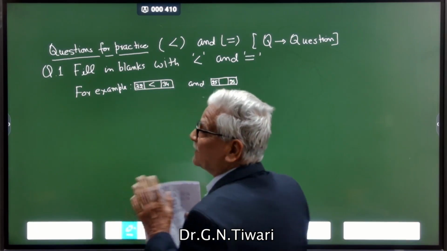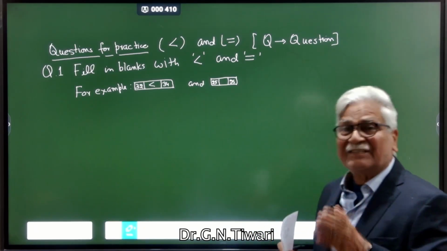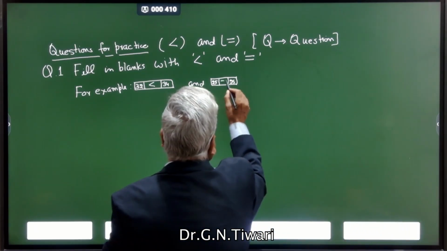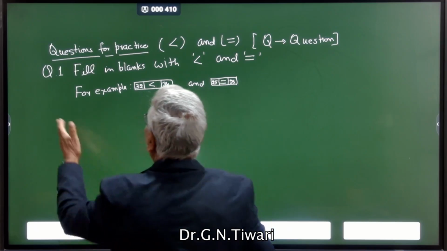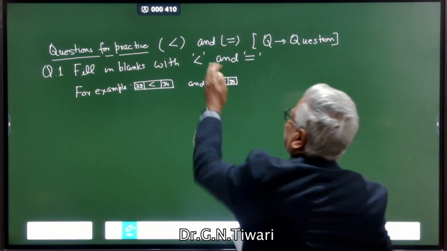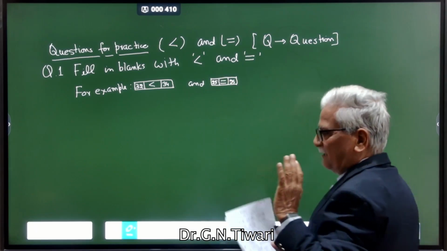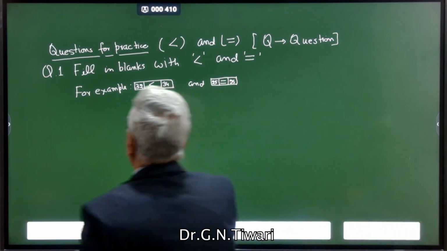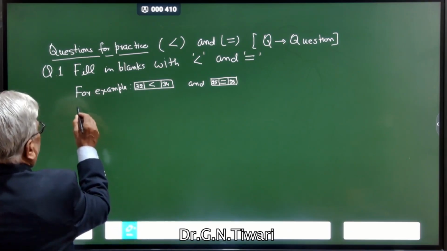So he should understand that 25 is equal to 25, so he should put the sign like this. So here I have just shown how we are going to use the greater sign and equal sign. Now the teachers can test the students by giving questions.